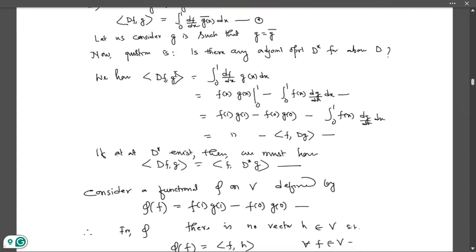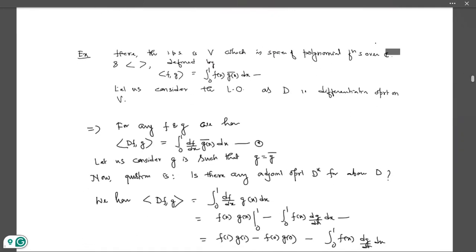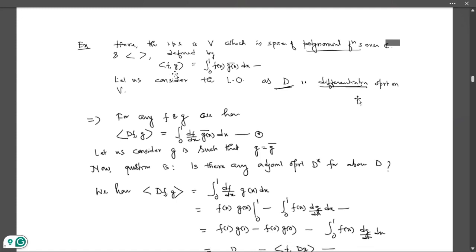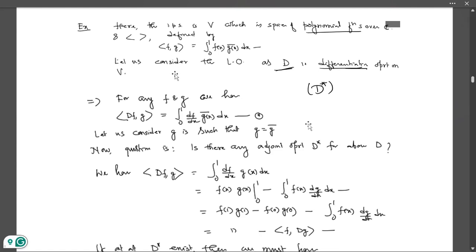This is an exercise from the class, where the operator on the vector space of polynomials is the differential operator D. So we were wishing to calculate D star. What should D star be?